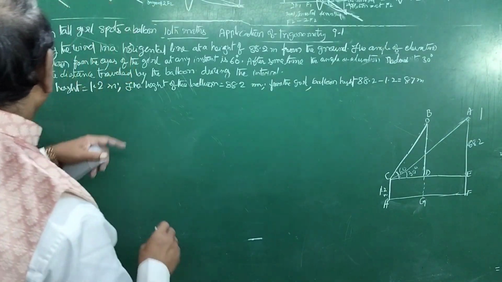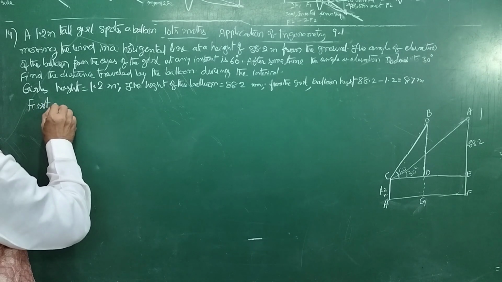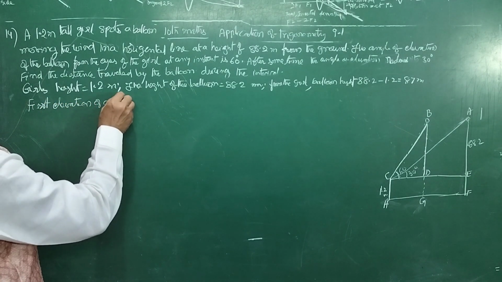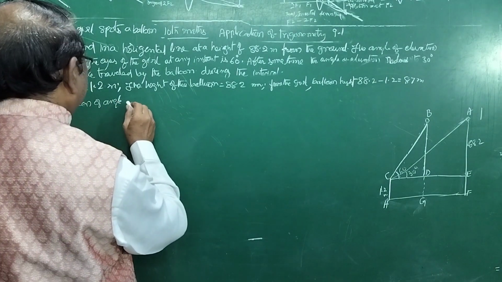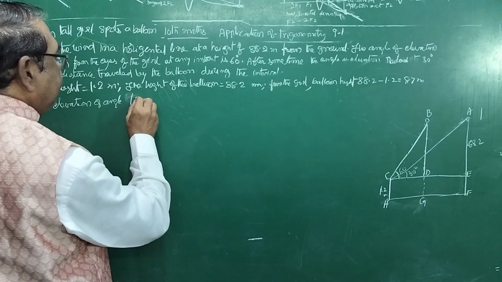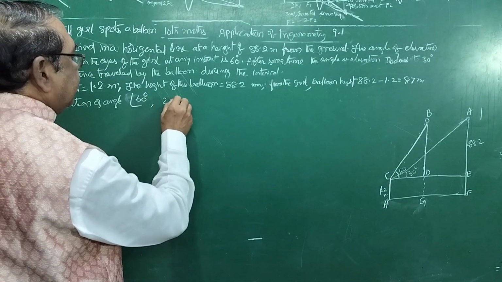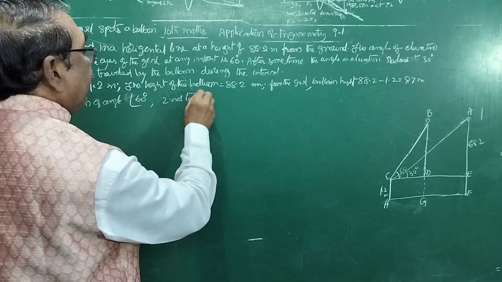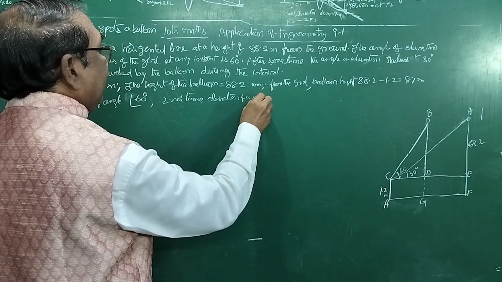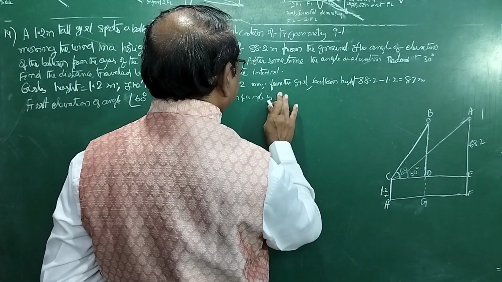Next, the first angle of elevation is 60 degrees. The second time, the angle of elevation is 30 degrees.